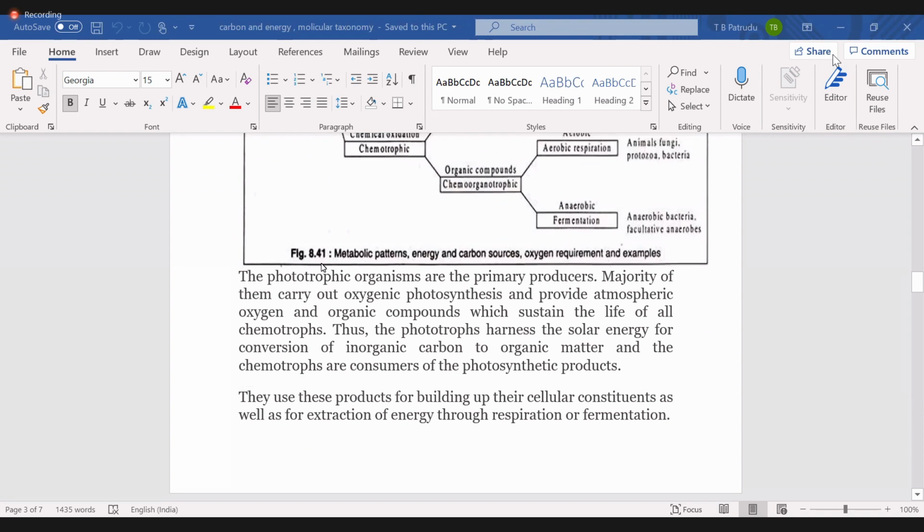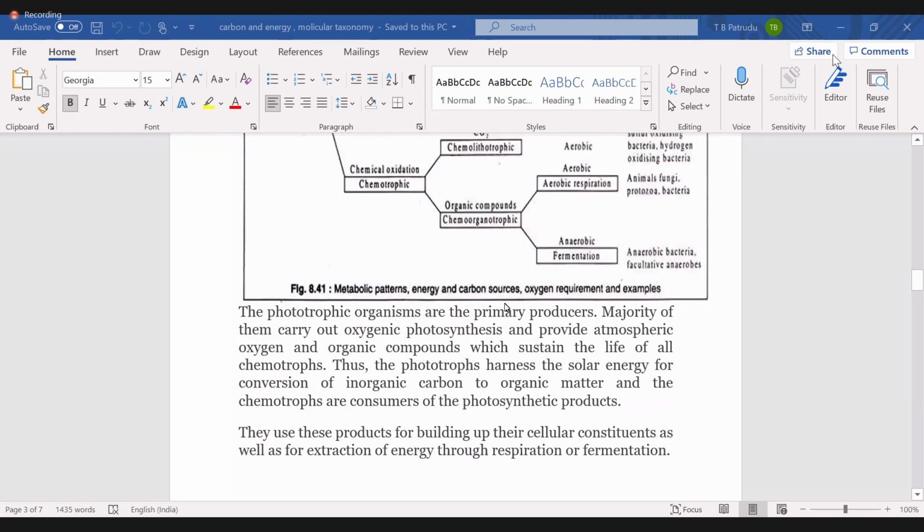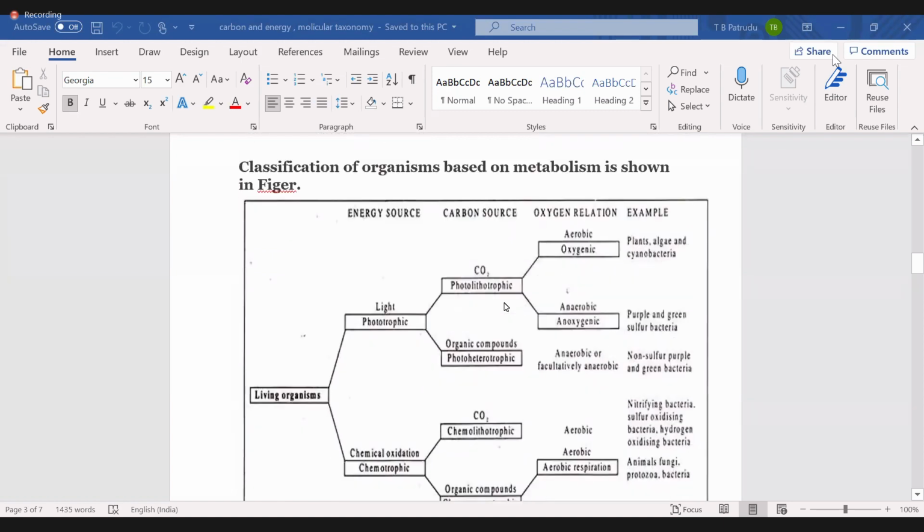This is the metabolic pattern of energy and carbon source, both the inorganic carbon source and organic carbon source, in all biological organisms. In oxygen requirements, oxygenic and anoxygenic. This is the total diagram, the flow chart.